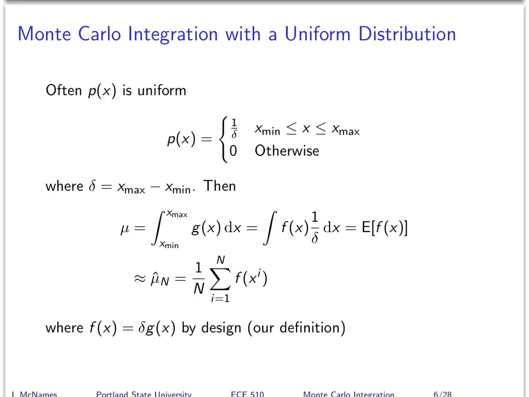You've got to make sure that your product of f of x times p of x is equal to g of x. If p of x is 0 at some points where g of x is not, then they're not equal, and you've wrecked it. So you've got to make sure that p of x has the same support as g of x.